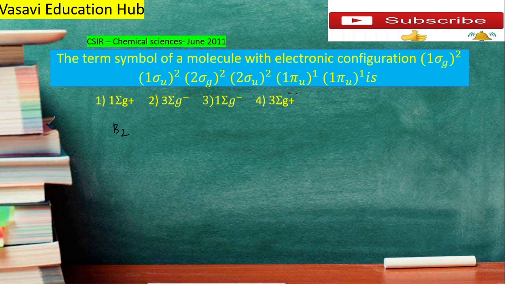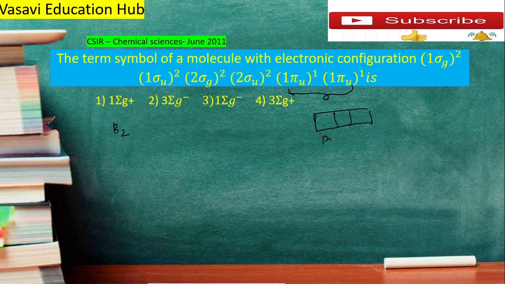Just focus on only these two configurations, students. The others are not important for the determination of the molecular term symbol. Only the valence configuration is important for determining the term symbol. For the B2 molecule, you can see two electrons are there, and these two electrons are in p orbitals. So we will draw px, py, pz, students.